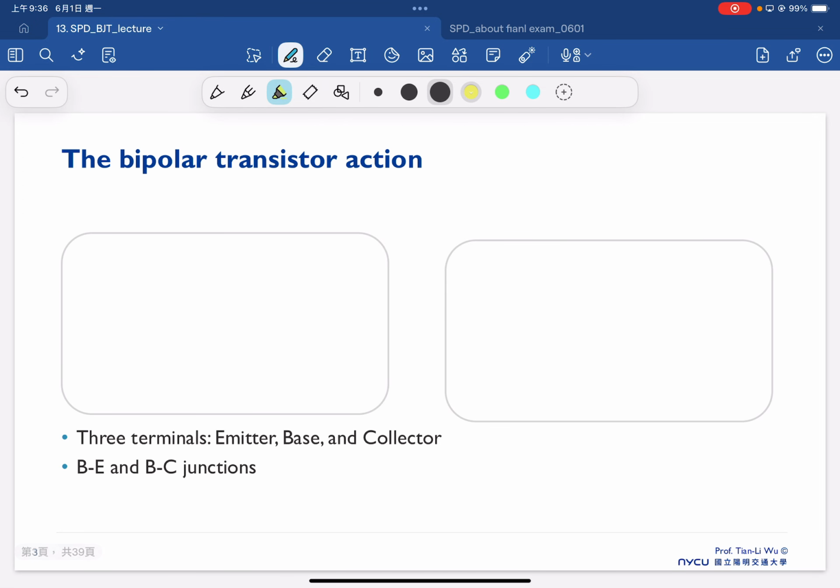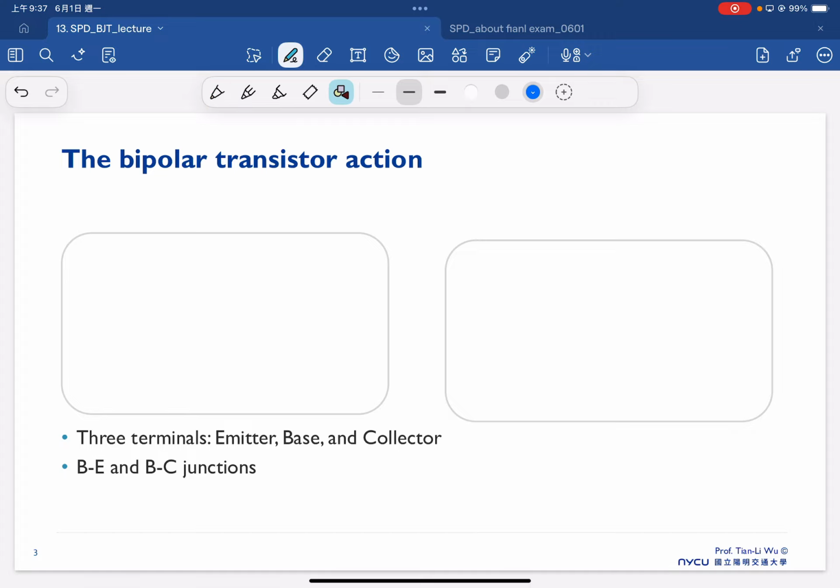So first of all, we have to show the structure of the bipolar transistor. We can consider there are 2 different kinds of bipolar junction transistor here.